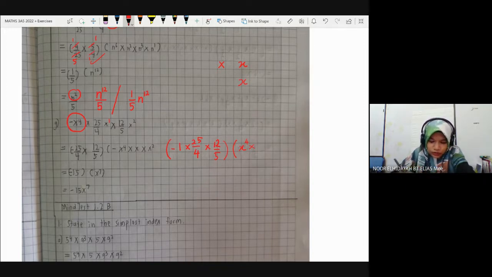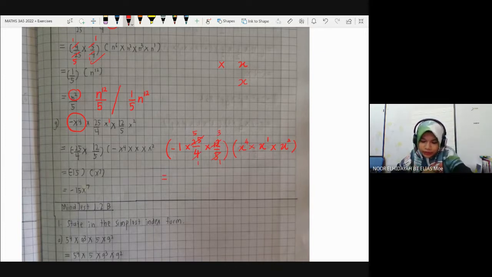Okay, X to the power of 4 times X to the power of 1 times X to the power of 2. So when you solve in the bracket, sama ada tekan calculator ataupun you can simplify, you will get yang di bawah dah 1.